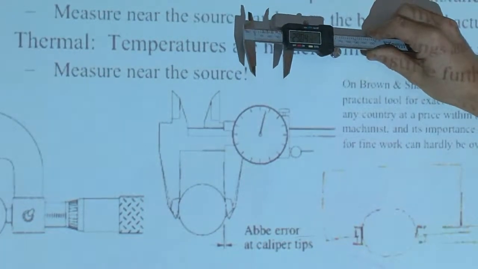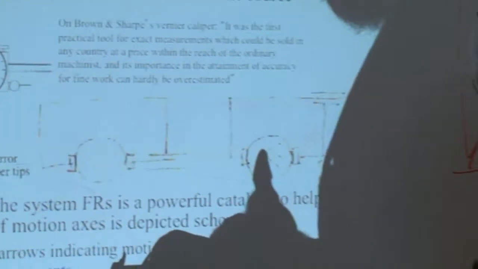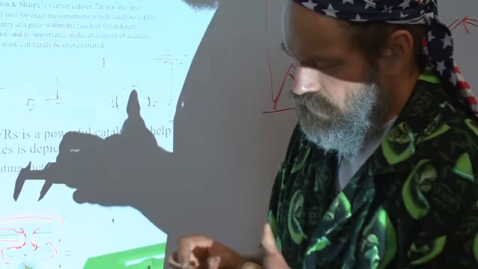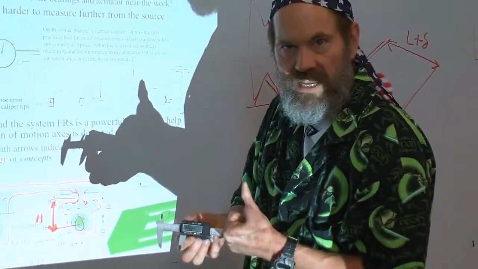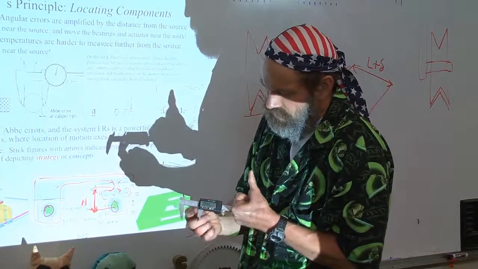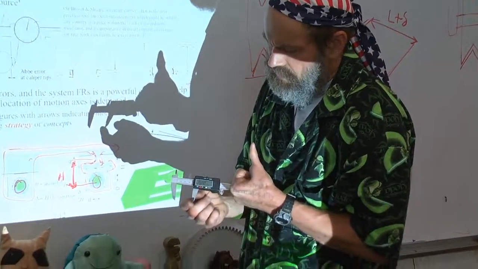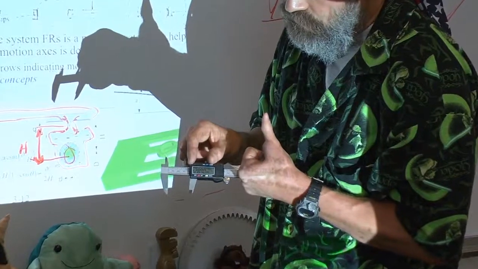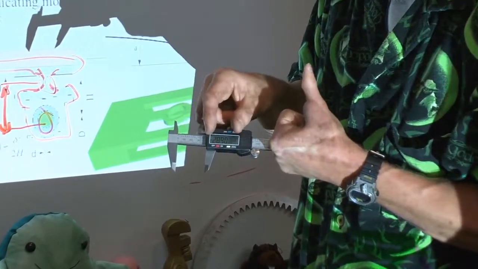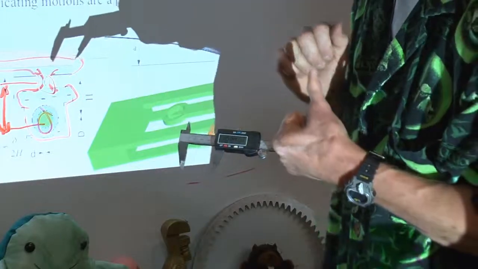This gets back to St. Venant's principle. This particular slide is long with respect to the width, so even if there was some wobble, and I can't even feel any, but even if there was some error in here, it's a smaller angle which is amplified less by this length than if this was a really short carriage, where any wobble would be amplified a lot more because it's a bigger angle at the tips.